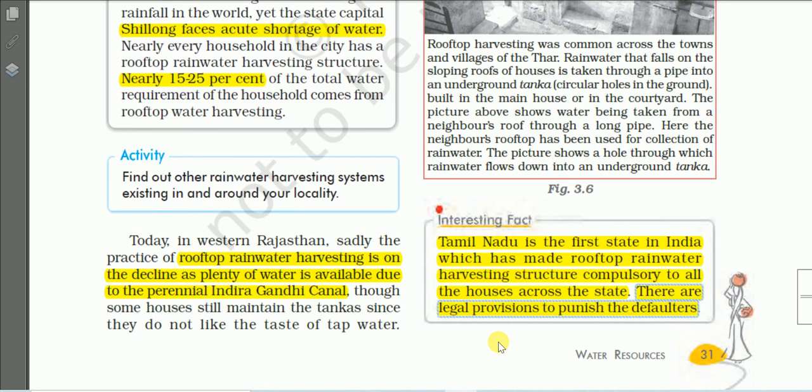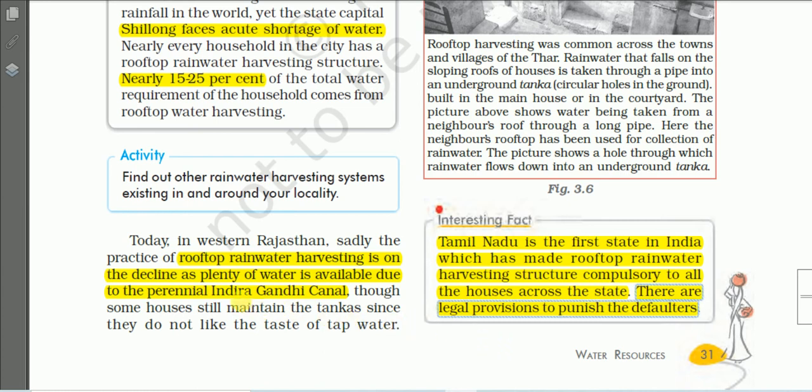That means construction of a rainwater harvesting structure is compulsory in the state of Tamil Nadu. So let us continue.